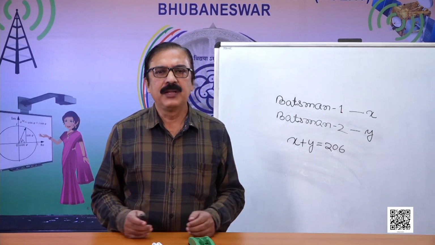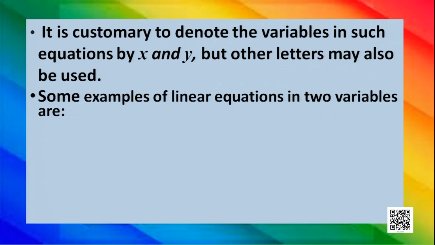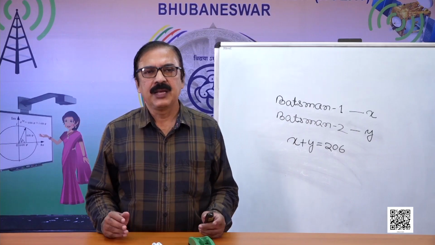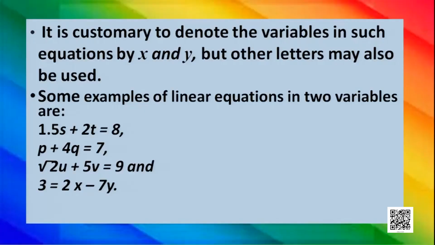Some examples of linear equations in two variables: 1.5s plus 2t is equal to 8, p plus 4q is equal to 7, root 2u plus 5v is equal to 9, and 3 is equal to 2x minus 7y. See, in the first three cases, we have used variables other than x and y.